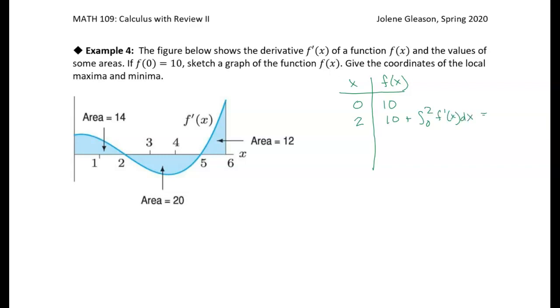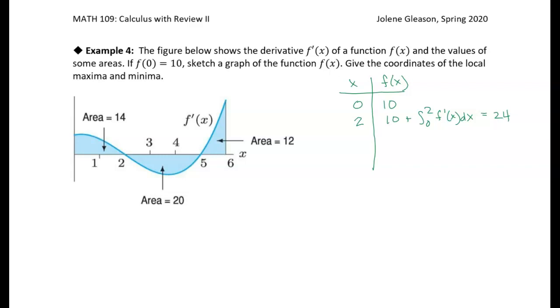So we take 10 and add the area 14, and we get a value of 24. Now I can plot these points. I'm going to wait because I want to scroll down to have room to write a little better, but this is just giving us values that we can plot.